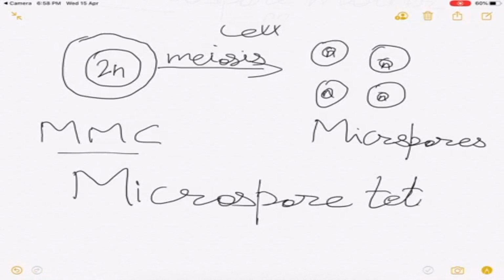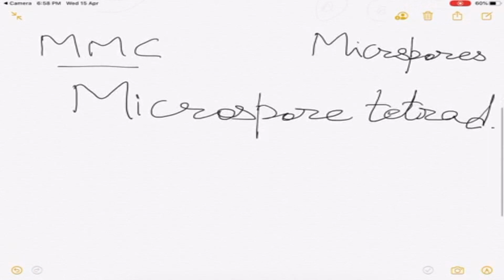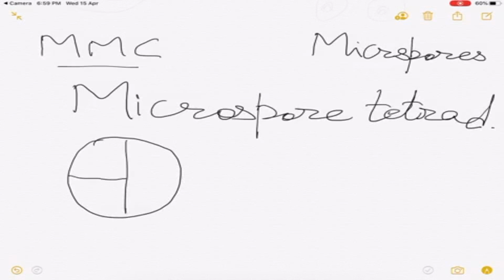Students, tetrad means a group of 4. Tetra means 4. So these microspores will cluster together, group together, and form a group of 4. For example, they will group like this, and they will join together and form a tetrad.